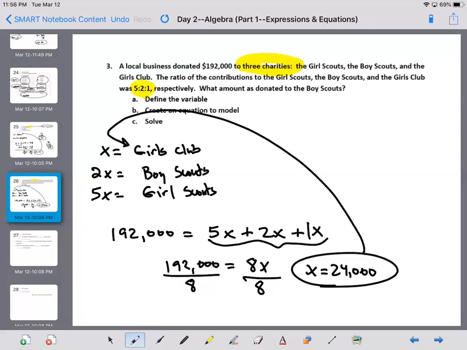And then the Girl Scouts would be 5 times the 24,000. And that would be 120,000 because we want to go 5 times this 24,000. So 120,000, 48,000, and 24,000 would be the amounts given to each.